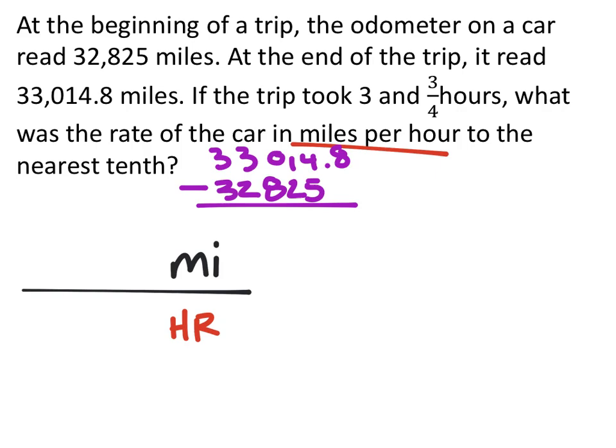And while some of you guys could do that pretty quick in your head, I'm just going to do it in the calculator because I love it so much. 189.8 miles. So they went 189.8 miles, and they said the trip took 3 3/4 hours.